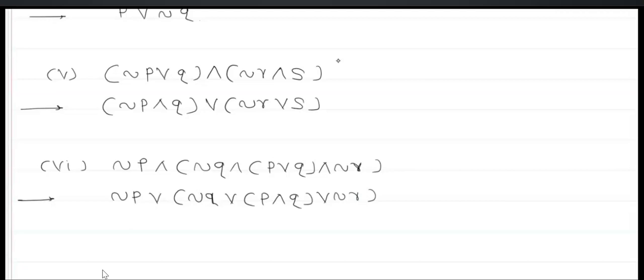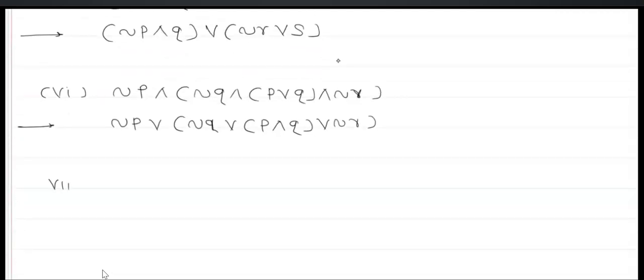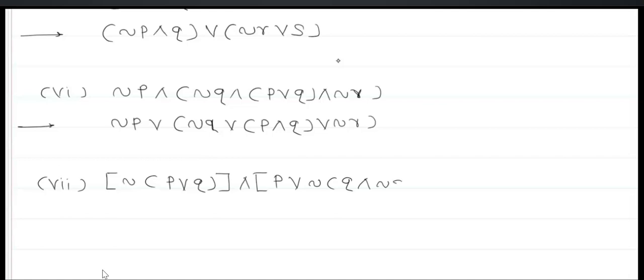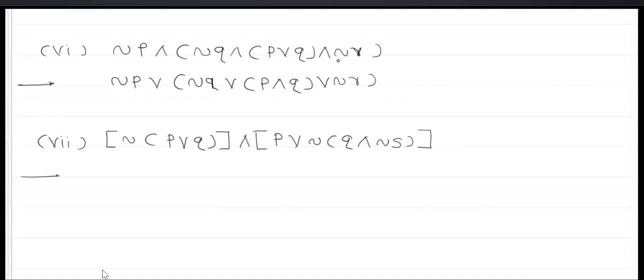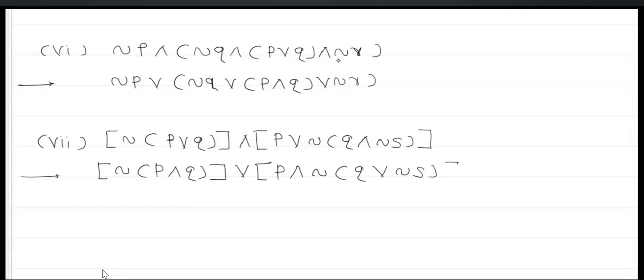This is the simple way to find out the dual. Next is the seventh. Again, this is simple: and is replaced by or, or is replaced by and.